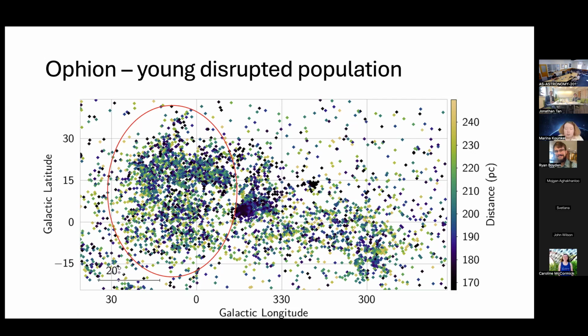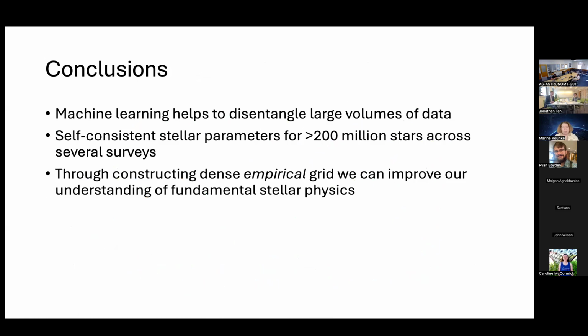All right, so to bring this to a close, nowadays we have a fairly comprehensive and self-consistent grid of stellar parameters for many millions of sources from many different surveys across the entire parameter space.